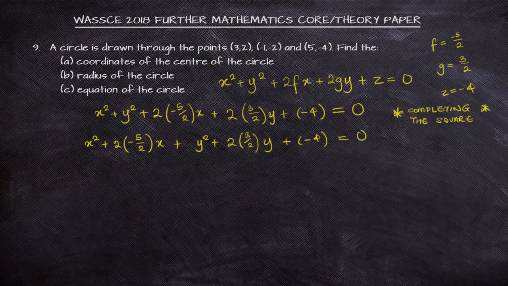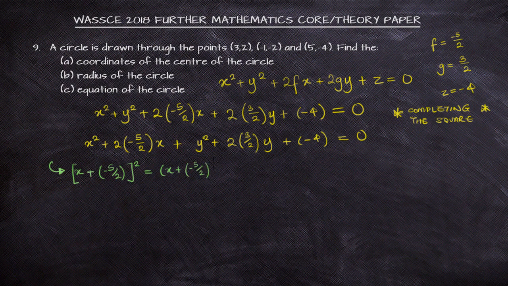Now I'm deliberate not to cut out like this because I want to try and complete my square. Now, generally, when we are having a factor, let's try and explain that. Generally, when we're having, let's say, x plus minus 5 over 2, and we are squaring all this, let's try and expand this.